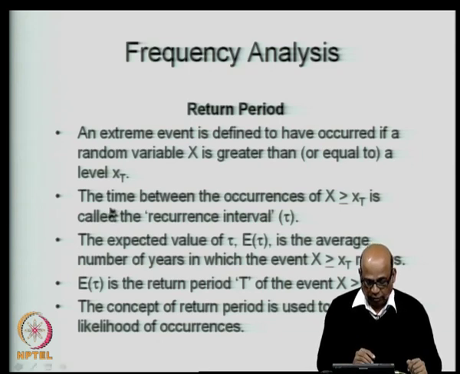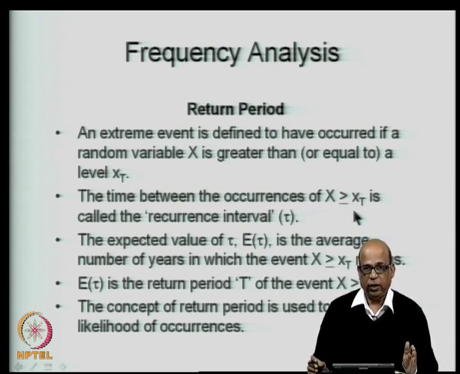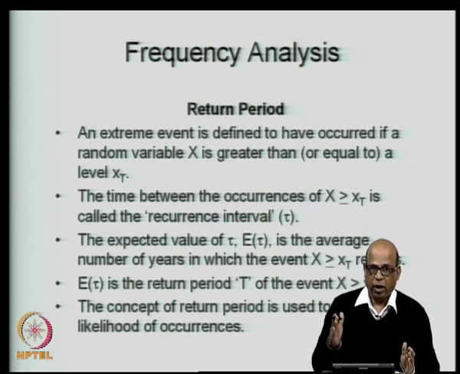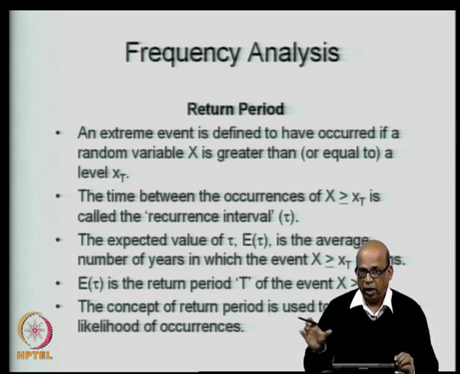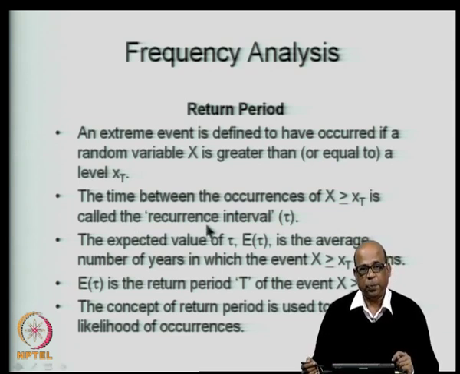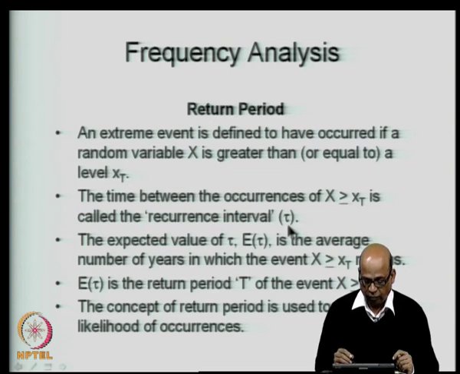Then we define the time between the occurrences of x greater than or equal to x_t. That is, the event x greater than or equal to x_t has occurred now, and then a time has elapsed and then again it occurs. Another time has elapsed and then again it occurs and so on. So, the elapsed time between two consecutive occurrences of x greater than or equal to x_t is called the recurrence interval, and we denote the recurrence interval by tau.